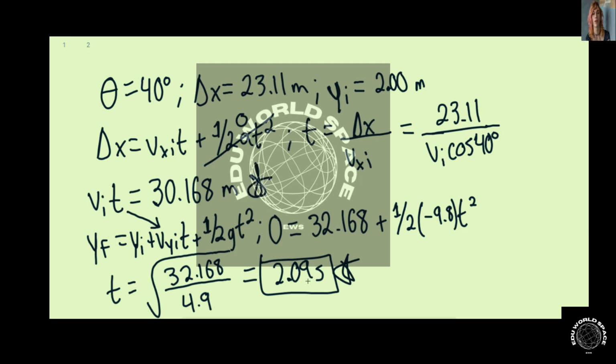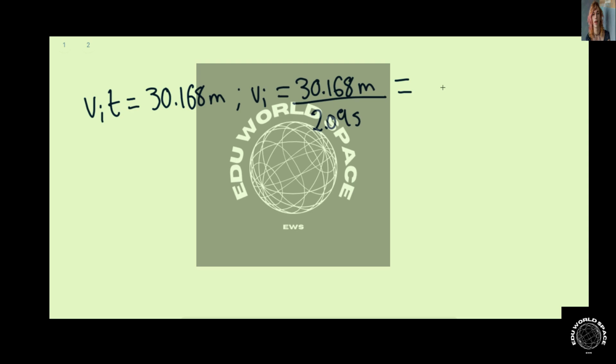So once we have a t, then we can use this equation and say v initial t equals 30.168 meters, and then we simply say that v initial equals 30.168 meters divided by the t that we've just found, 2.09 seconds. And this is going to equal 14.43 meters per second. Now they want this answer. So this would be the initial velocity of the shot put, given that it achieved a world record distance of 23.11 meters.